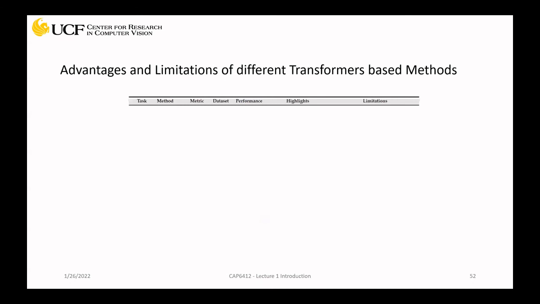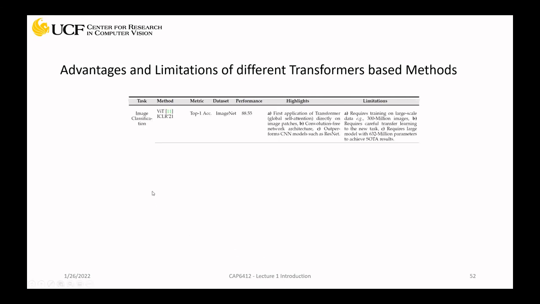Now, other point is to look at the advantages and limitation of different transformer-based methods. So if you look at the task image classification, so this was the first one, and the metric used was top 1 accuracy on ImageNet, and we got 88.5. Now this was the first application of transformer, global self-attention directly on the image patches.